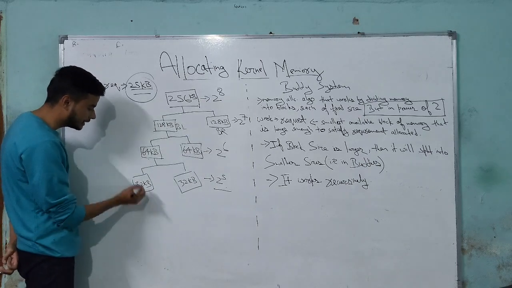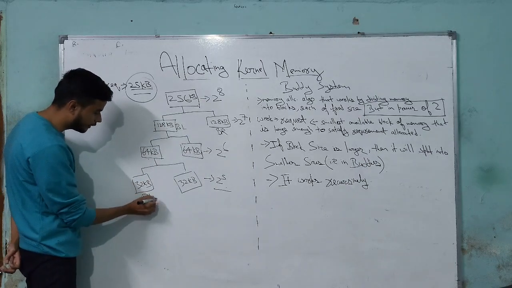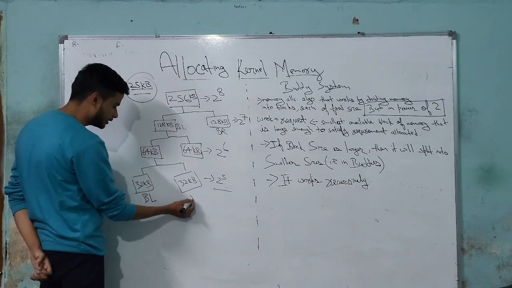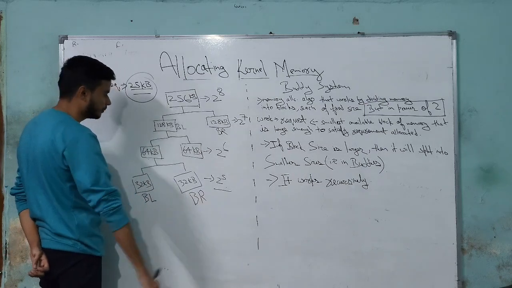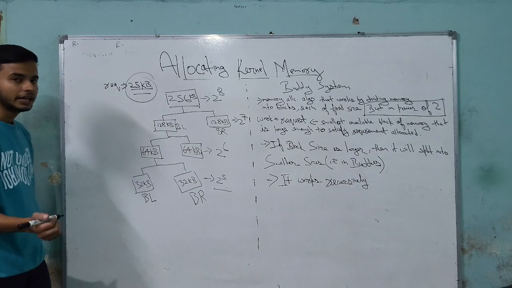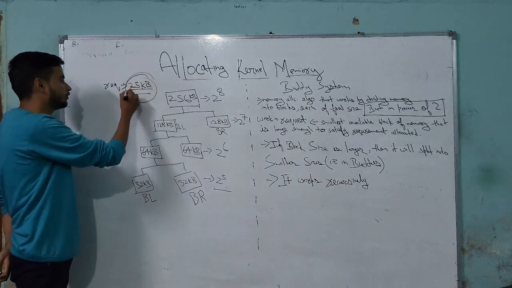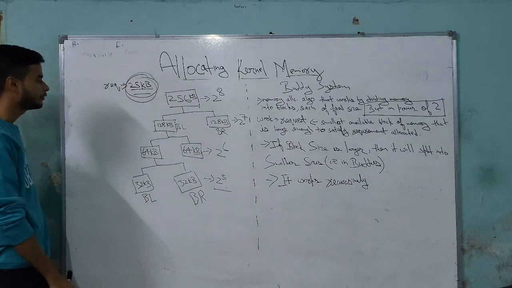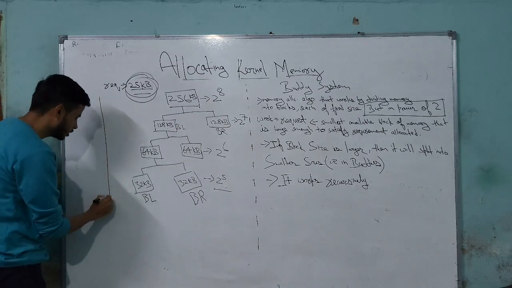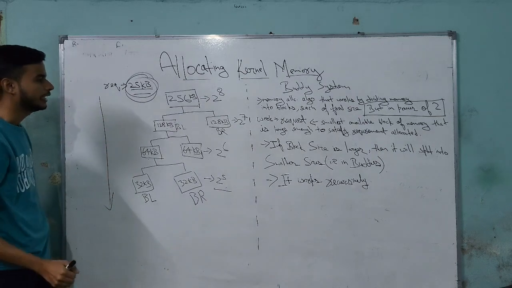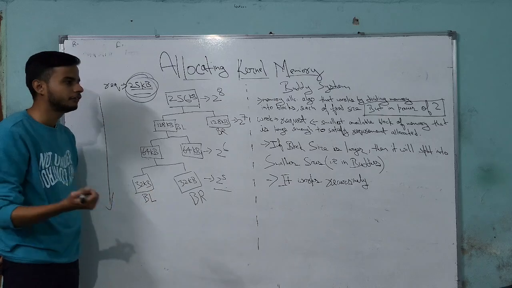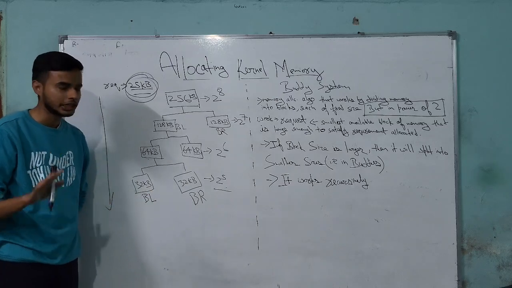So we can say that this is the left buddy for the 64 KB block and this is the right buddy for the 64 KB block. So when the request is made for 25 KB, the algorithm will start searching for the smallest block which is large enough for the requirement.